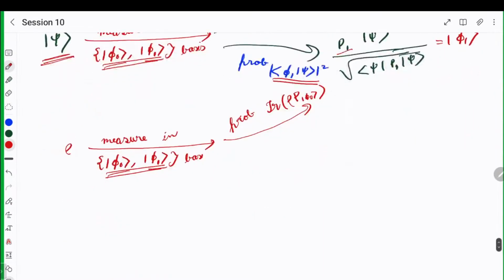And the probability of phi 1 would be trace of rho multiplied by P phi 1.